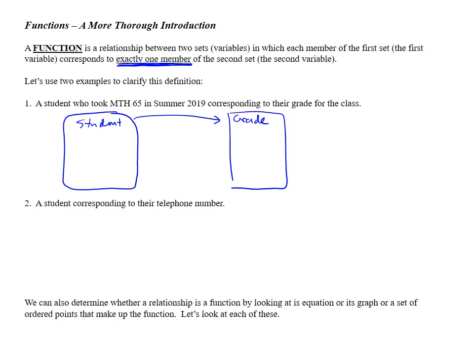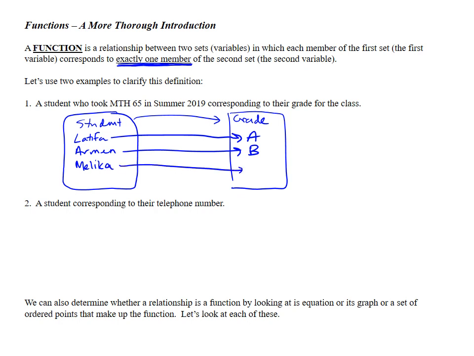So you could imagine different students. Say you could have a student Latifa who got an A in the class. Maybe you have a student named Armand who got a B, and maybe you had a student named Malika who got a C.